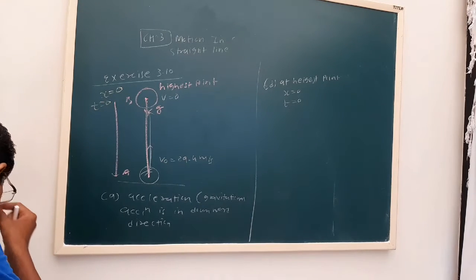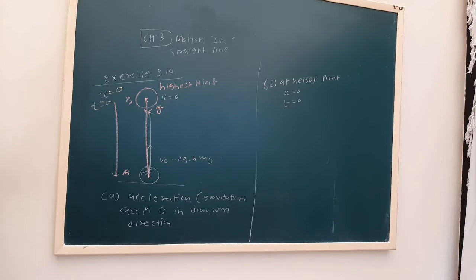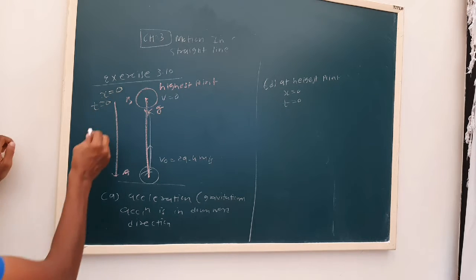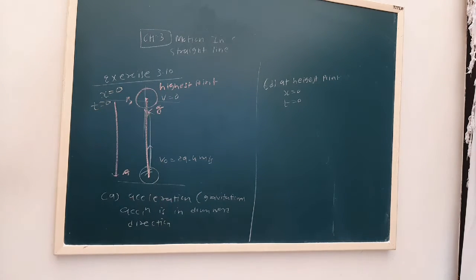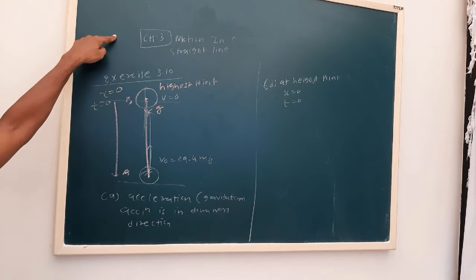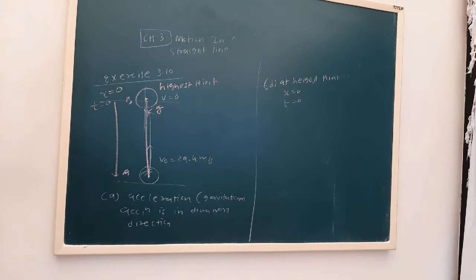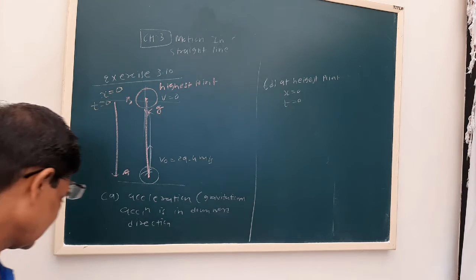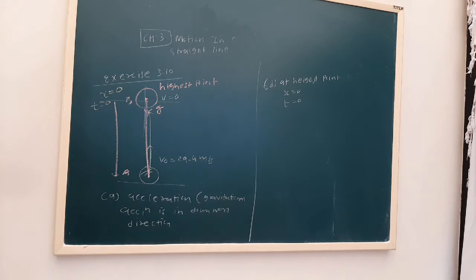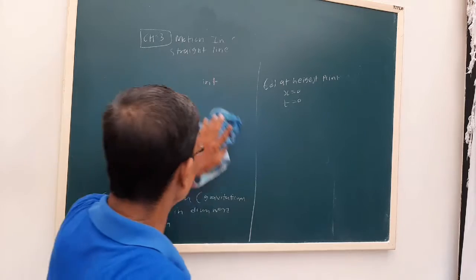What is the vertically downward direction? Now this is our x is equal to 0 and t is equal to 0. So upward direction will be negative and downward direction will be positive. This is how we can solve this. This is exercise sum number 3.8.